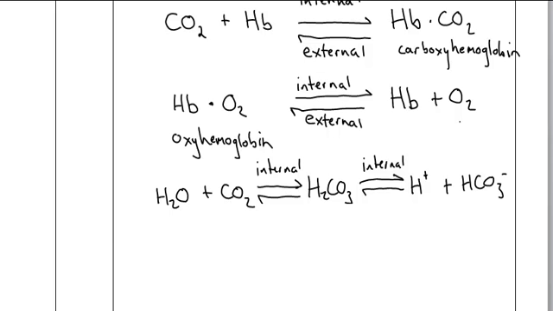Sorry, my pen died there. So going back in the other direction, being the external respiration. And just a quick reminder, this is carbonic acid. This is called your bicarbonate ion.